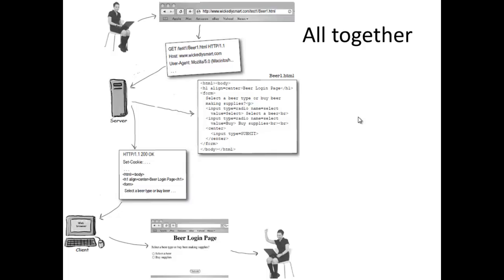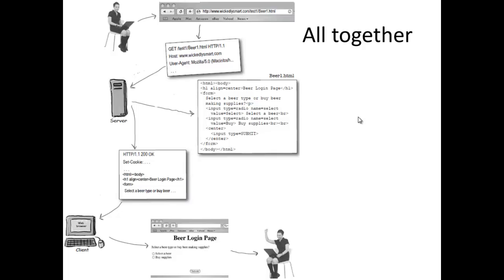You fill in the form, you hit submit, and your browser issues a GET request. It goes to the server, the host, and the host checks this file and responds by setting cookies and so on. So this is the response.